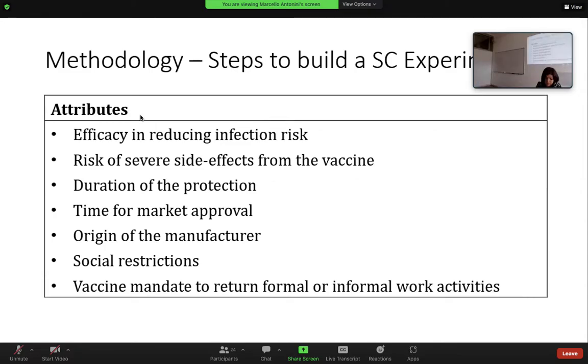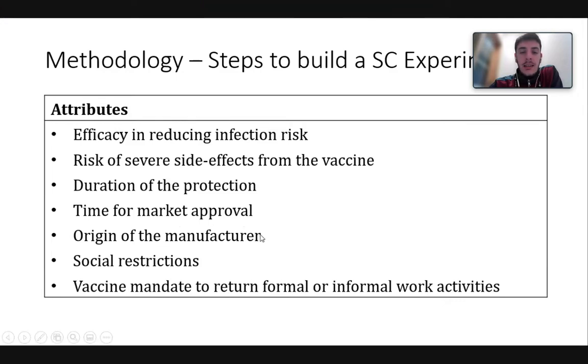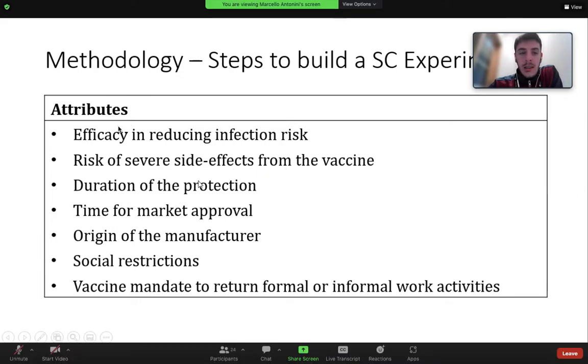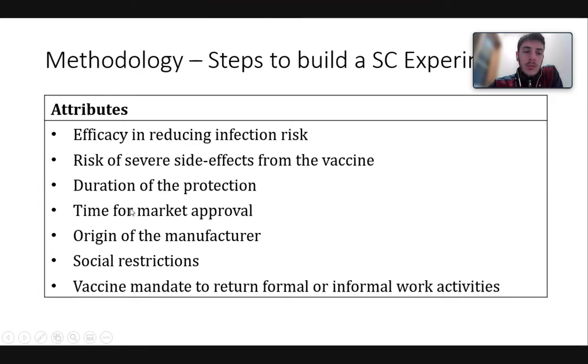I'll list here the ones that we identified for our experiment. We identified 5 attributes related to the vaccine characteristics. You can see here the efficacy in reducing the infection risk, the risk of severe side effects from the vaccine, the duration of the protection, how long it has been tested before marketing authorization was obtained, and the origin of the manufacturer.